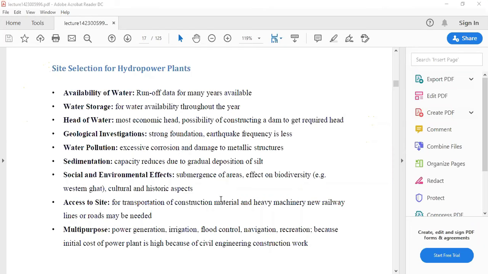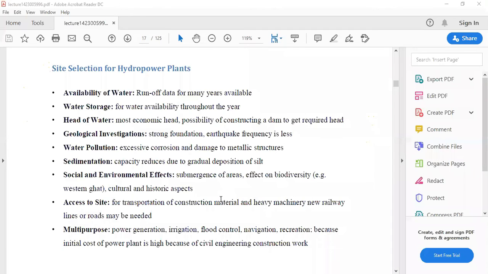And the last criterion is multi-purpose. As we all know, we use a hydroelectric power plant not only to generate electricity, but we also store the water to have water throughout the year for irrigation, for drinking water, and many more advantages.